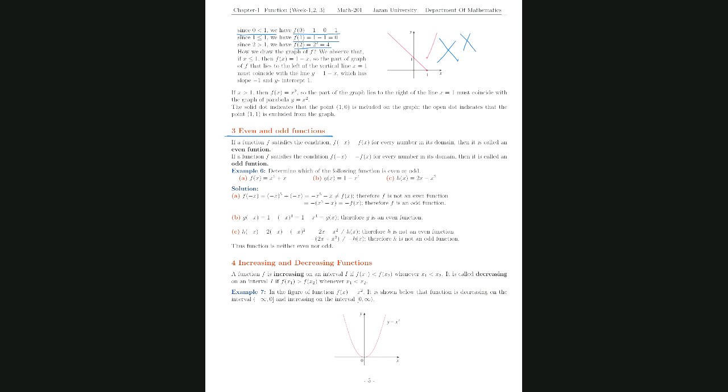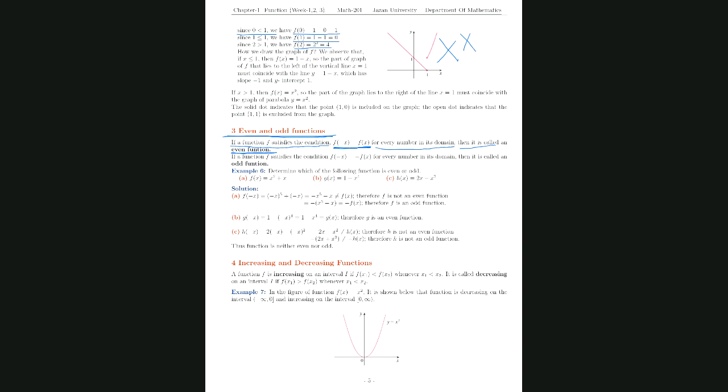Now even and odd functions. See this. What is the definition of an even function? If a function f satisfies the condition f of minus x equals f of x for every number in its domain, then it is called an even function.